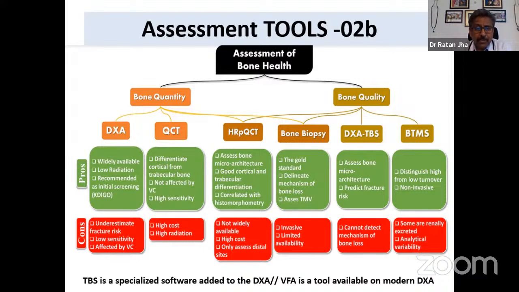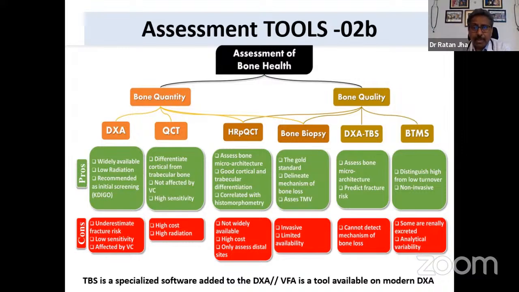But this is not widely available. It is costly, and it is usually assessing the distal sites of the bone and not the vertebral sites. The bone biopsy, though considered the gold standard, is invasive and limited by its availability, and it is only done when the diagnosis is not certain.